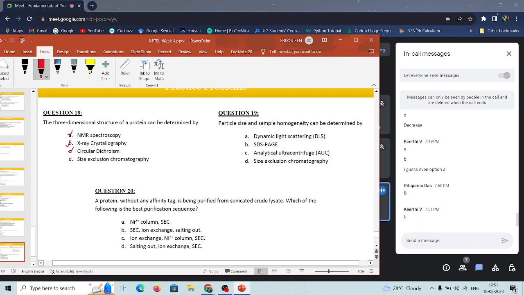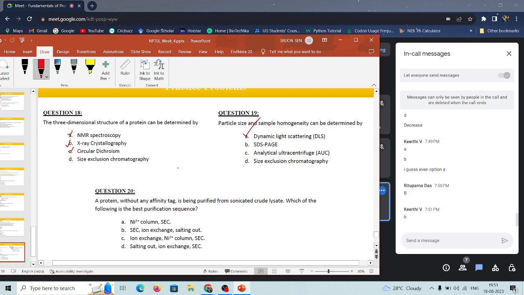Okay, for understanding the particle size and the sample homogeneity, you have to run a dynamic light scattering. That is the DLS. From there only you can tell about the particle size and the sample homogeneity. The other techniques cannot give you information about the particle size and the sample homogeneity. It can give you about the molecular weight and the size.